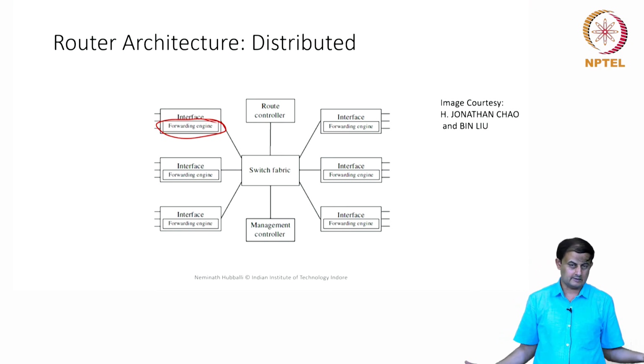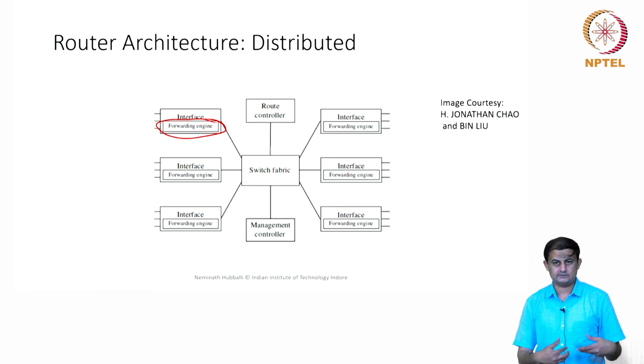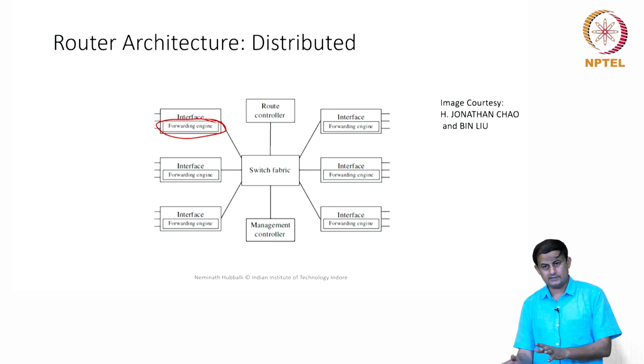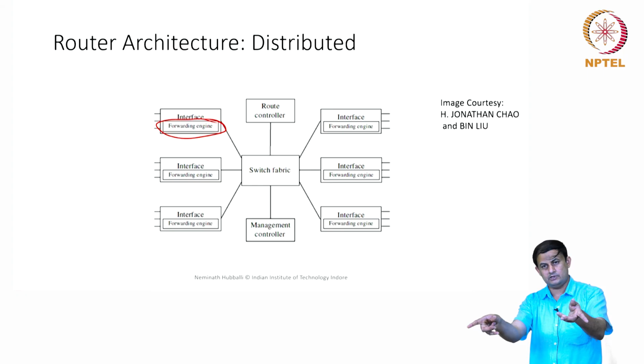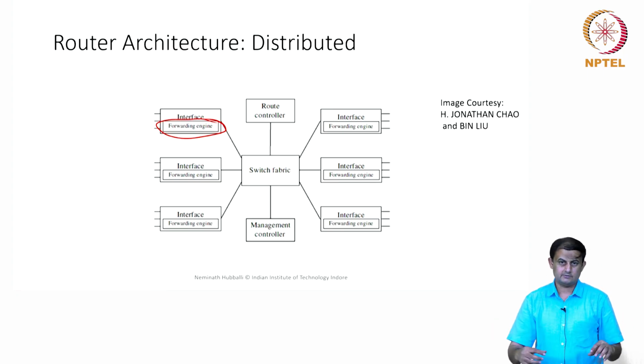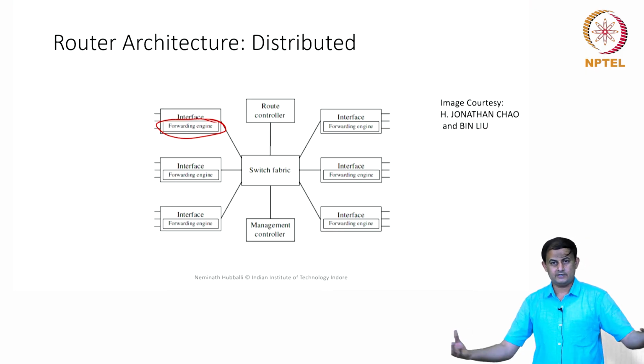So you can think that by replicating these instances, earlier, let's say I have 100 interfaces and only 10 forwarding engines. These 100 interfaces need to share only those 10 forwarding engines. But if you have a distributed design, since every interface has a routing table, I can scale up operations.